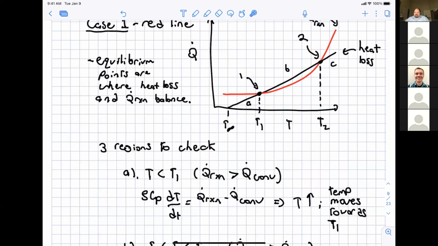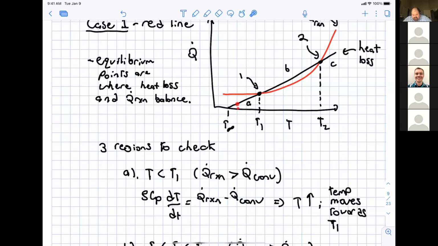Okay, and so what we can do is we can start playing games with ourselves, analyzing. So say if I'm going to analyze the properties of T1, there's a very formal mathematical way of doing that. But here we can sort of rationalize physically what is going to happen. So say we have a temperature that is less than T1.